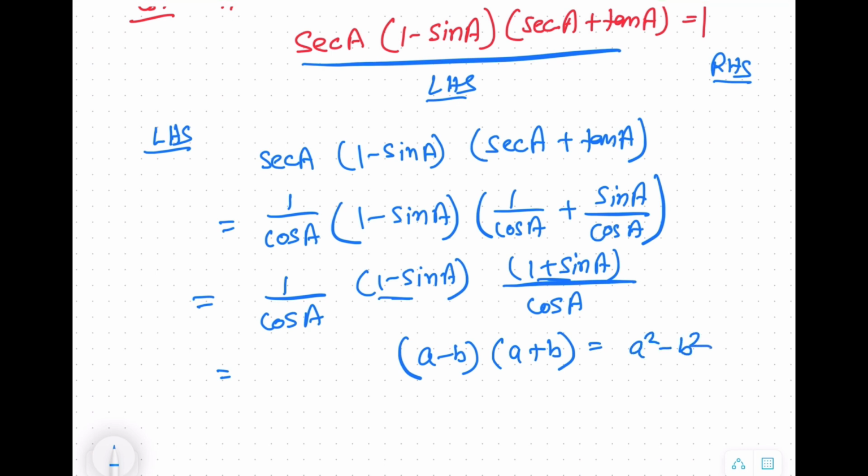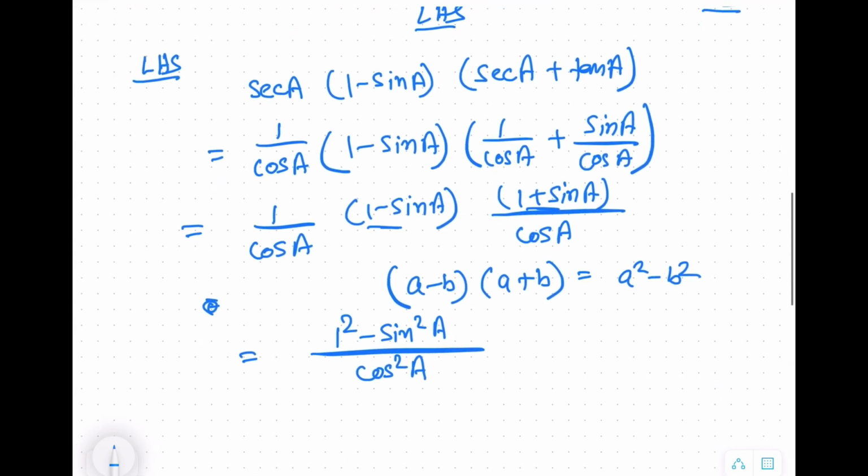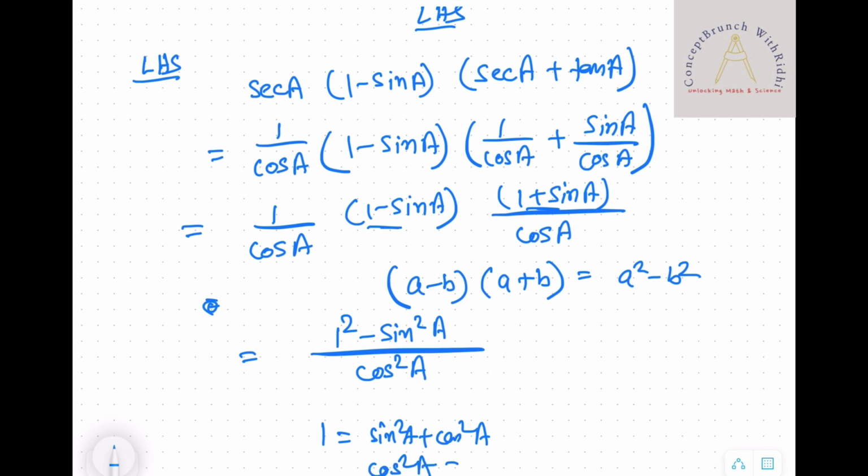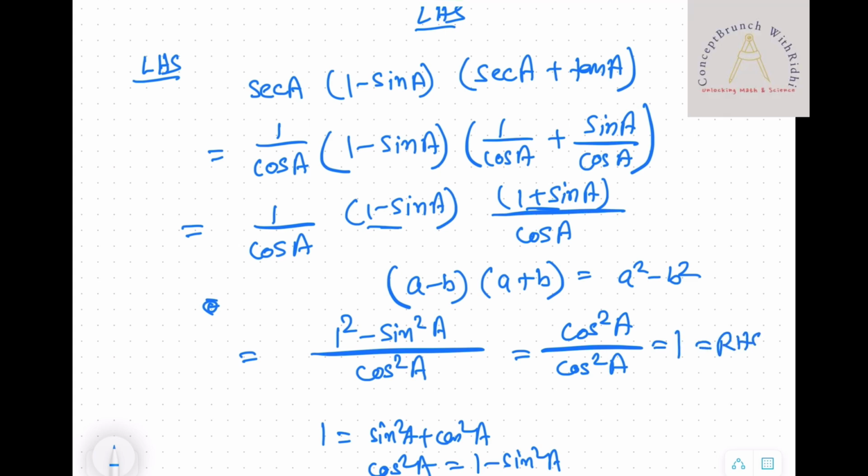Here we write 1 squared minus sine squared A divided by cos squared A. We just use one identity, that 1 equals sine squared A plus cos squared A. So for cos squared A we can write 1 minus sine squared A. So 1 minus sine squared A we can write as cos squared A divided by cos squared A, which is equal to 1, equal to RHS, hence proved.